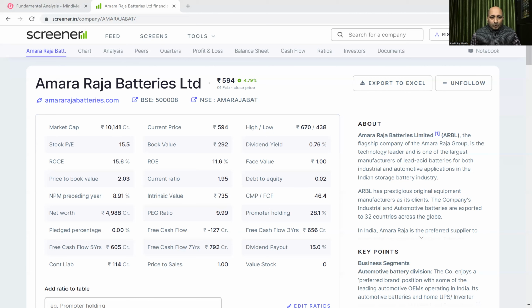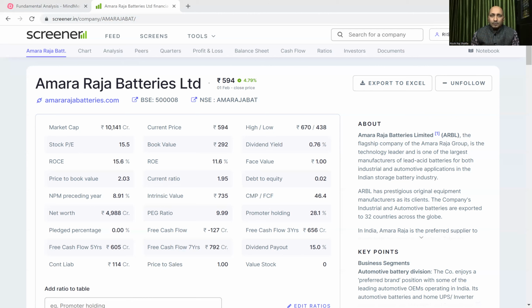Cash flow from operation is positive only. So all parameters are good. Only in March 2022, there is some bad news. We can see something negative. So we can wait to invest in Amar Raja. When we see some improvement, then we can think of investing in Amar Raja Battery.